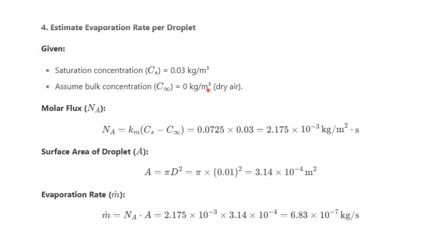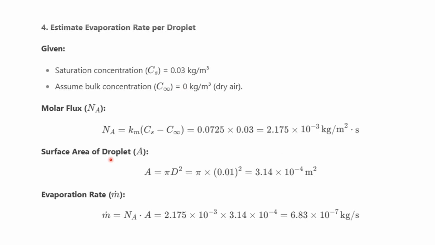Molar flux is given as Km multiplied by Cs minus C infinity. Cs is the saturation concentration, and C infinity is the bulk concentration. Now Km we found to be 0.0725, multiplied by 0.03. This comes out to be 2.175 into 10 to the power minus 3 kg per meter square second. Be careful of the units. If you don't write units, there is no sense in solving the question.